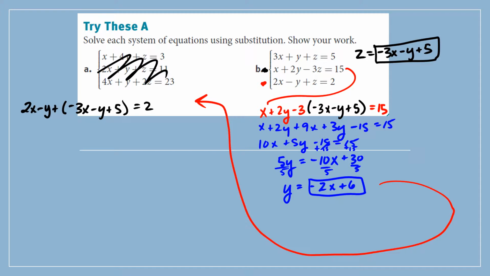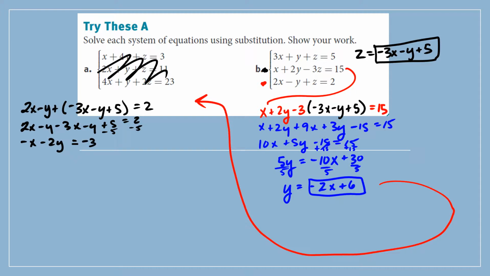All right, so cleaning up a little bit, I would get 2x minus y minus 3x minus y plus 5 equals 2. So negative x minus 2y equals, and I'm going to minus 5 from both sides, so negative 3.